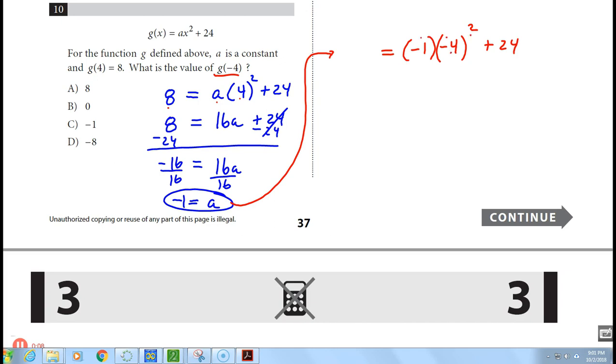Do not multiply these two together; you can't do that. So this would be negative 1 times positive 16 plus 24, which is negative 16 plus 24, which does end up being 8. So you could have solved it if you found a, but it really wasn't necessary. If you saw that earlier, you might be able to save a few minutes.